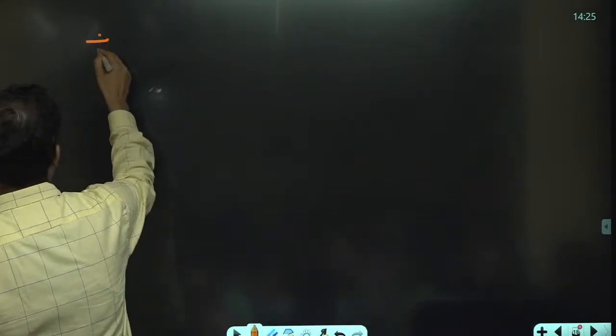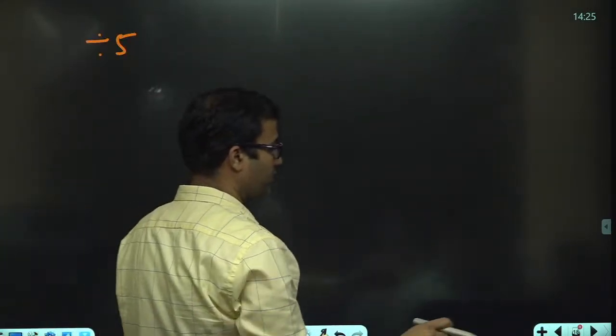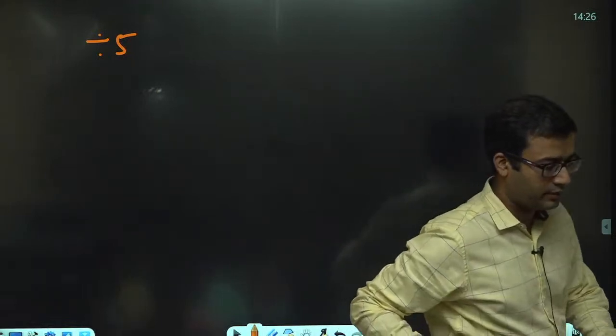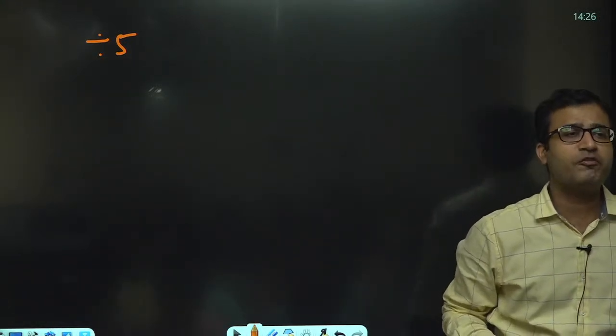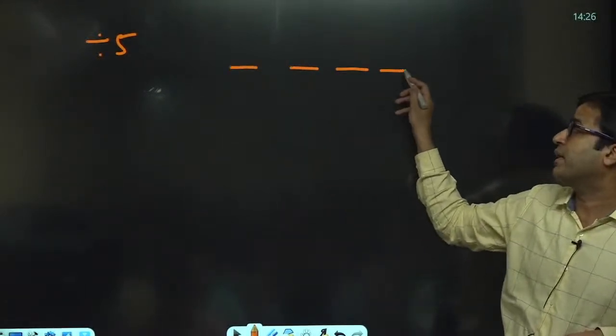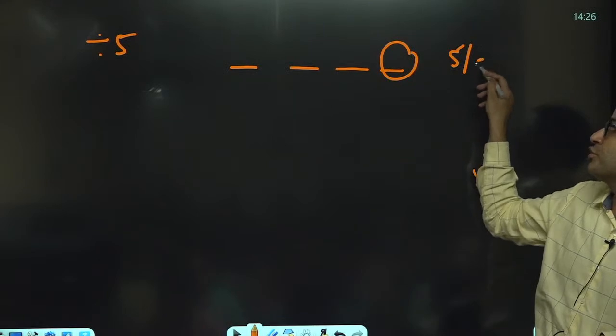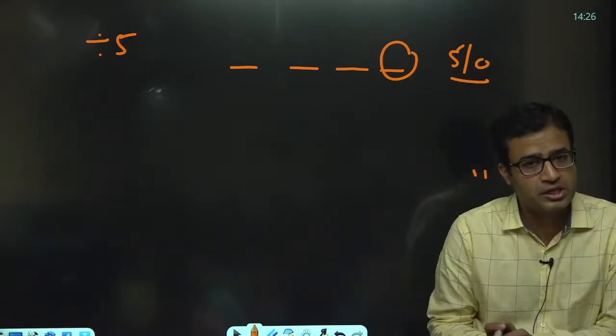Next is divisibility of 5. Next family, we will check divisibility of 5 and divisibility of 10. I think all of you know, for divisibility of 5, what do you have to check? The unit place. At the unit place, if it is either 5 or 0, it means the number is divisible by 5.